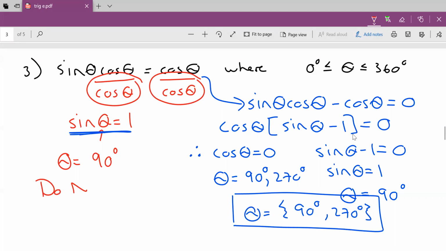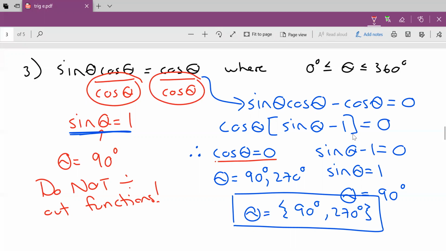Do not divide out functions. You will lose answers. We lost the answer of cos theta is equal to 0. So when we divided it, we just lost one of our answers. Do not divide out functions. I cannot stress that enough.